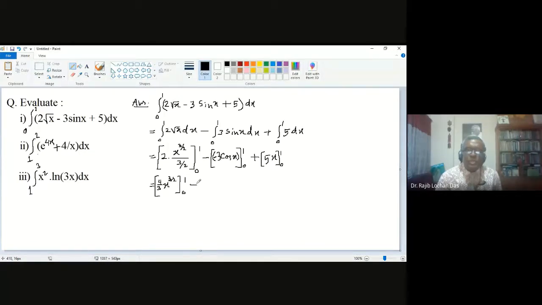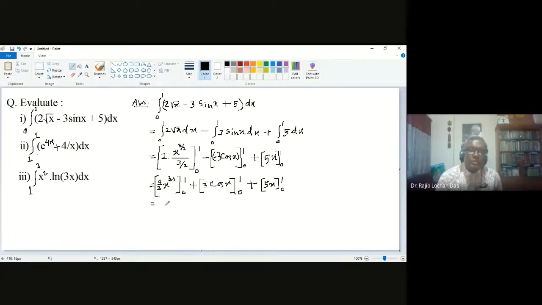I'm not putting the number right now, so it is plus, then 3 cos x. So you write just 3 cos x, and then bracket, then 0, 1, and then plus 5x 0, 1. So I'm not putting numbers now. I can do it now.